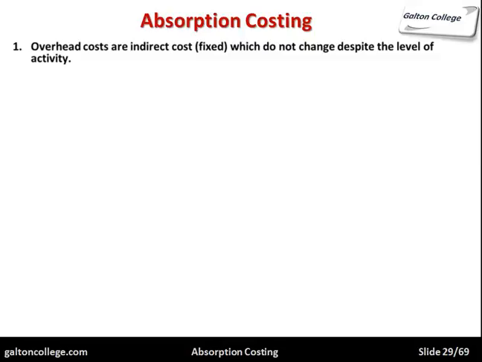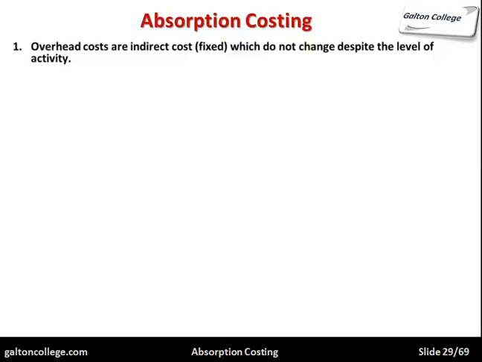Now, overhead costs are indirect costs, they're fixed, which do not change despite the level of activity. So for the company, the business rates, the local tax the government imposes on the business, that's fixed irrespective of the amount of production, the level of production.